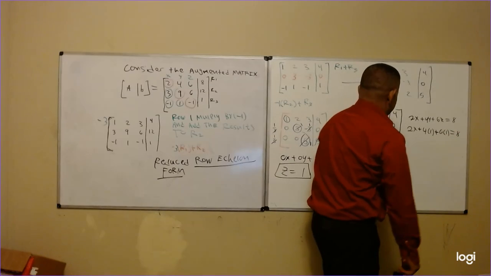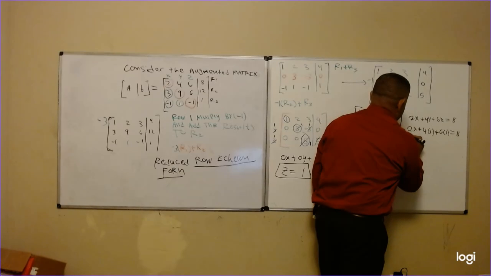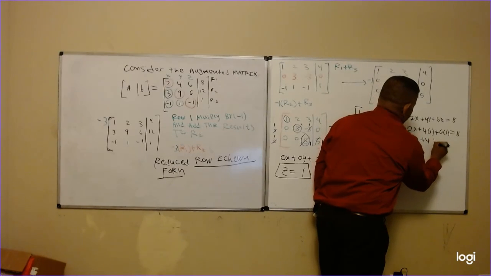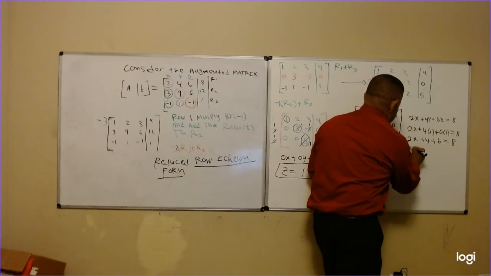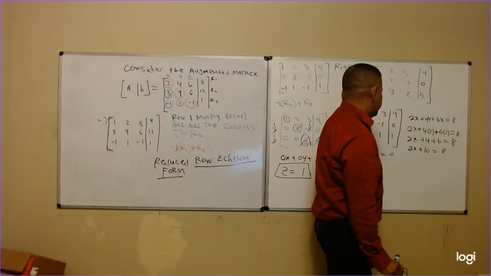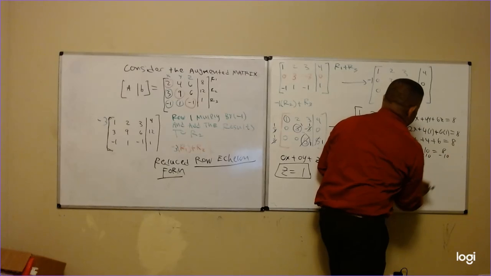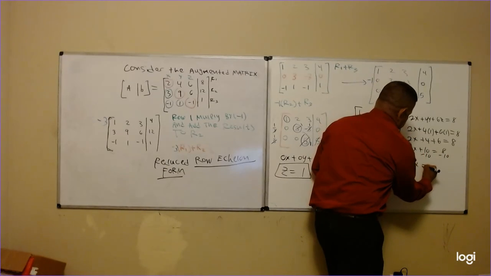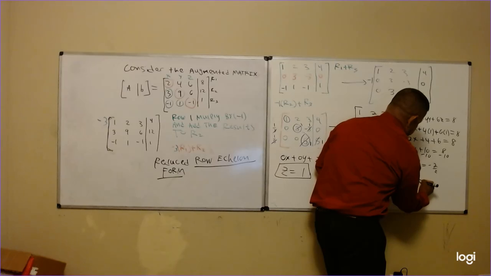Solve for those values. You get 2x plus 4 plus 6 equal to 8. Add those 2, and this is equal to 2x plus 10 equal to 8. Subtract 10 on both sides, and I get 2x is equal to negative 2, and dividing by 2 on both sides, I see that x is equal to negative 1.